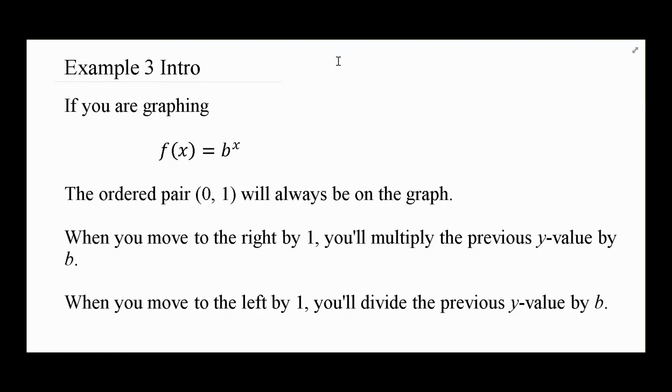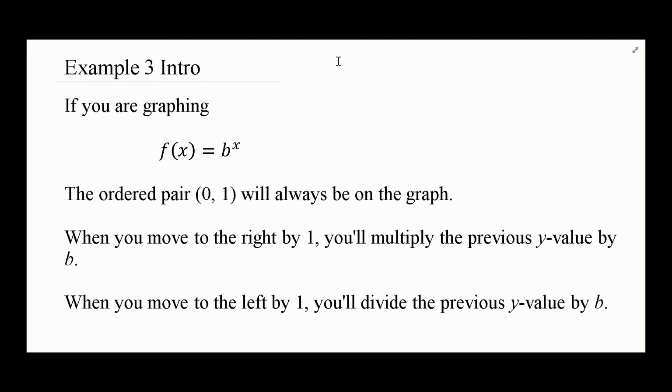If you want to take a step to the right by 1, so you're increasing your exponent by 1, you're going to multiply the previous y value by your base. When you take a step to the left by 1, you're decreasing your exponent by 1, so you're multiplying by one less version of the base, or in other words, we're going to divide the previous y value by the base.